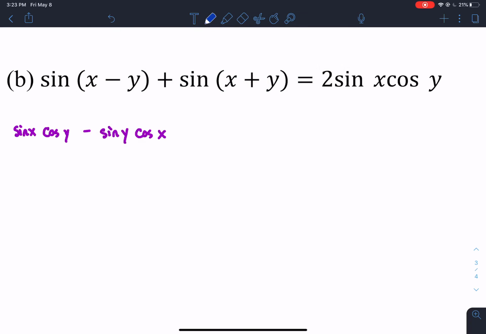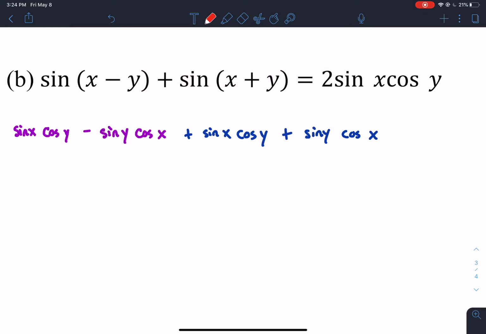So then this is going to be plus sine of the first, cosine of the second, plus sine of the second, cosine of the first. Okay. All right, now you should be able to cancel something.